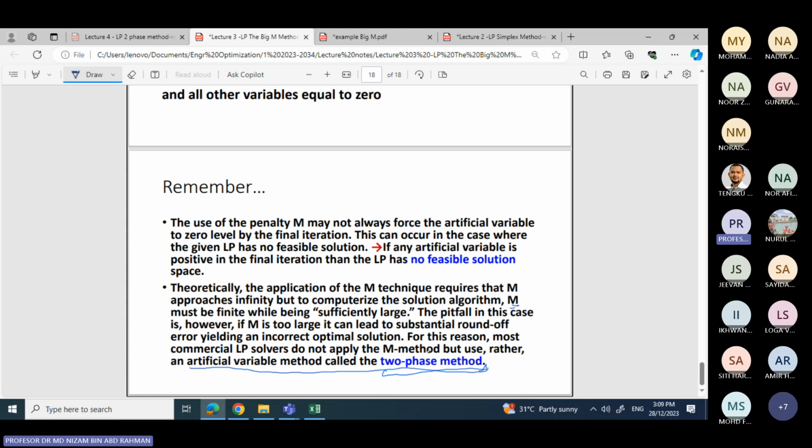That's our next topic, to see how the two-phase method is conducted. Any question? All right, if no question, then that's the end of the big M method, and I'm going to move on to the two-phase method.